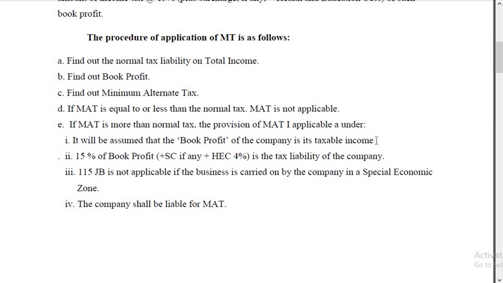Then 15% of book profit, earlier it was 18.5%, now it has changed. So 15% of book profit plus surcharge if any and health and education cess 4% on the total of tax at the rate of 15% plus surcharge is the tax liability of the company.